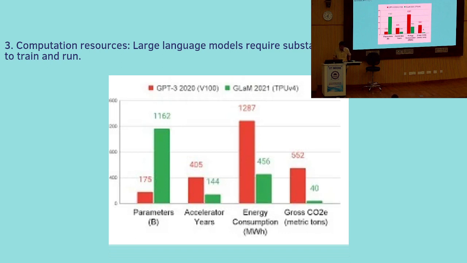So we can see the energy consumption, it has consumed over 1200 megawatt hours of energy, and looking at CO2 emissions, more than 500 metric tons. So it also has an effect on climate as well, which needs to be considered.